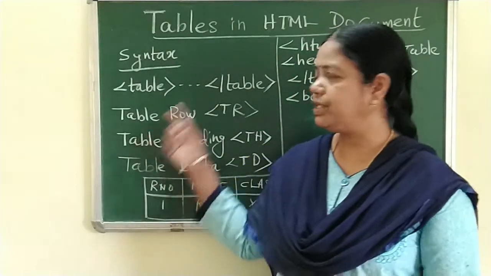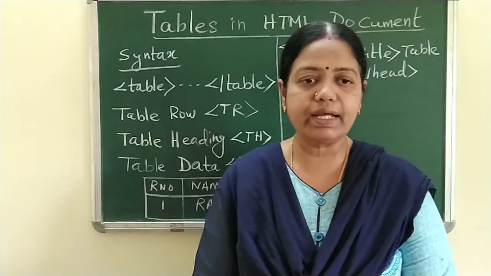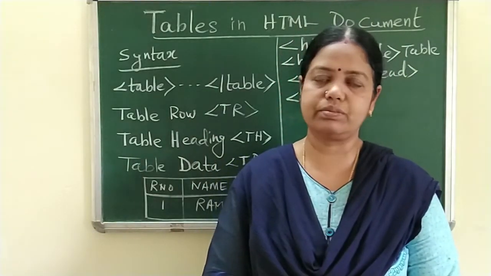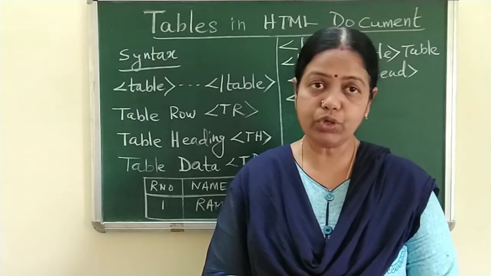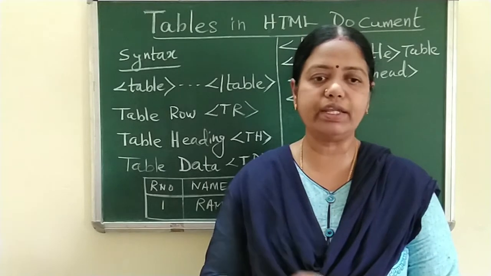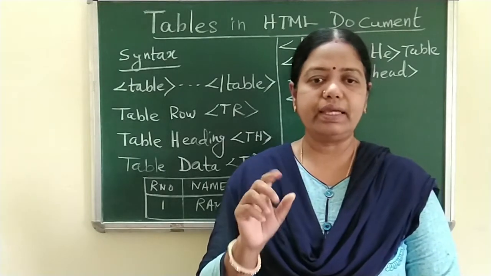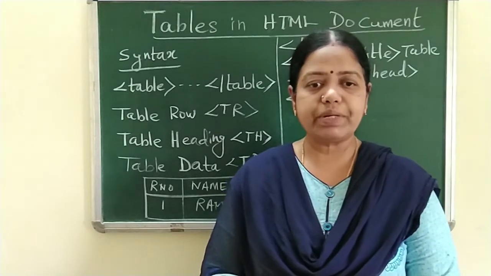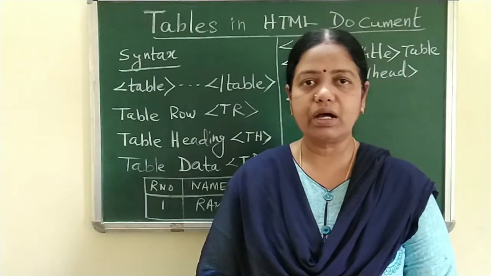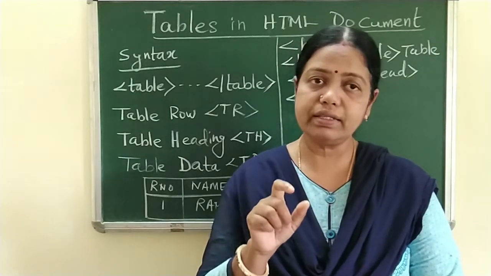So, HTML table is used to arrange data in the form of cells. As you know, a cell is an intersection between a row and a column. Each cell is used to represent a data or a column for a data in the table.